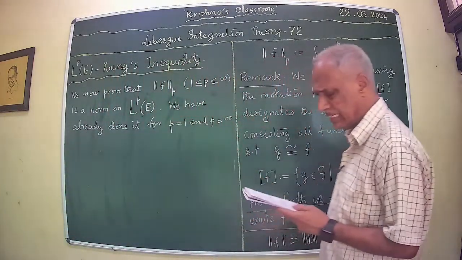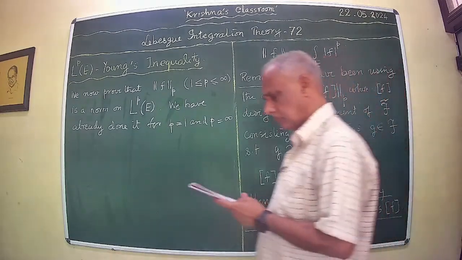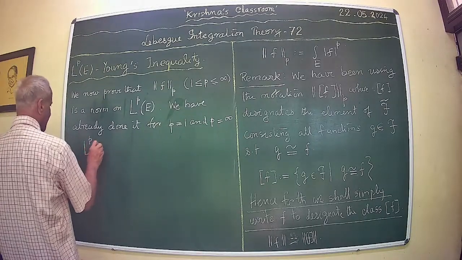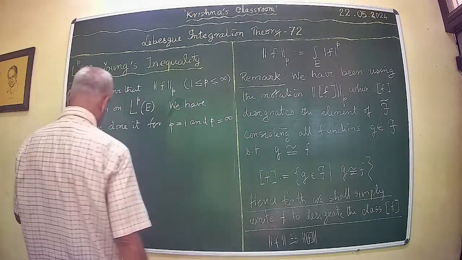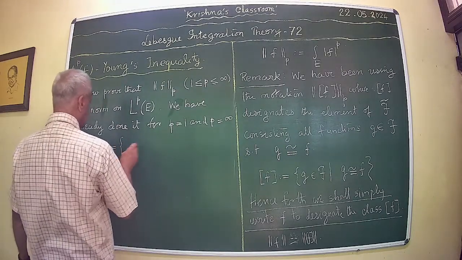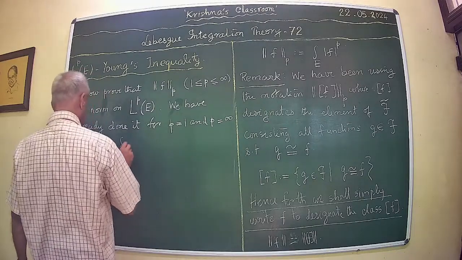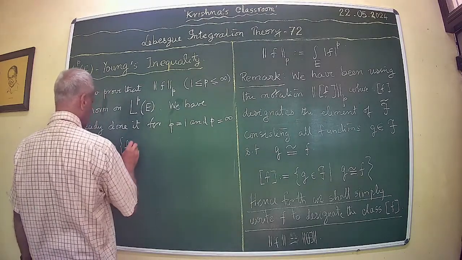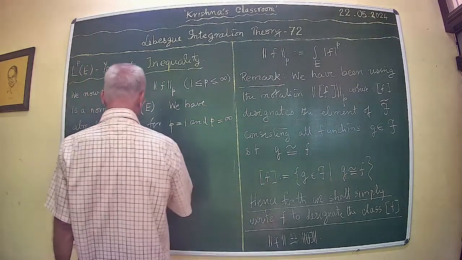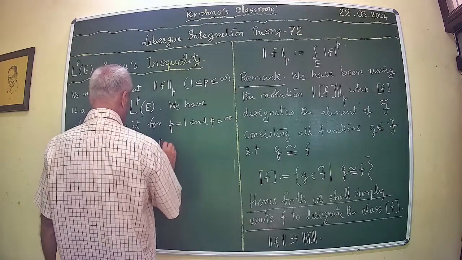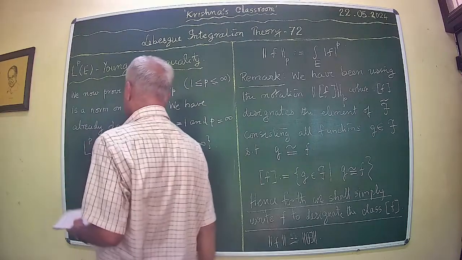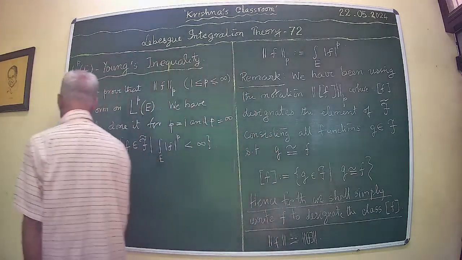So those two cases we need not consider. So we will work on this. LP, we have LP. LP is all the equivalence classes of functions F for which the norm is finite.